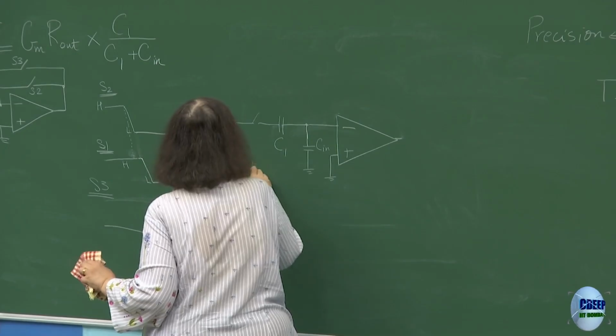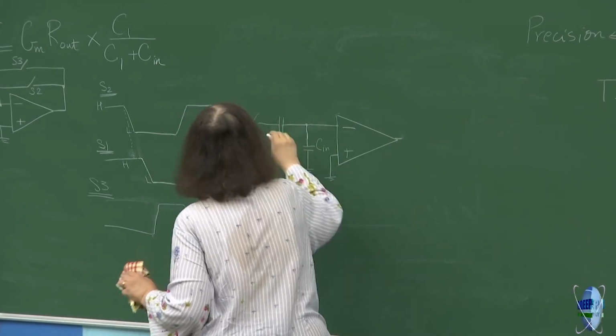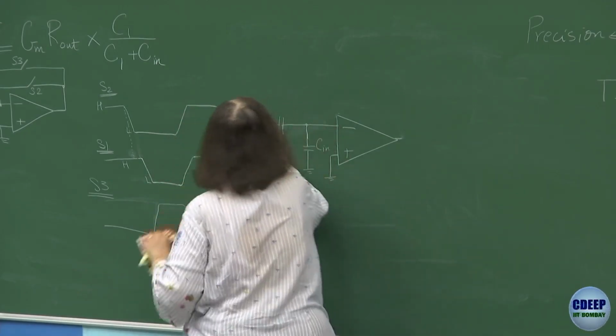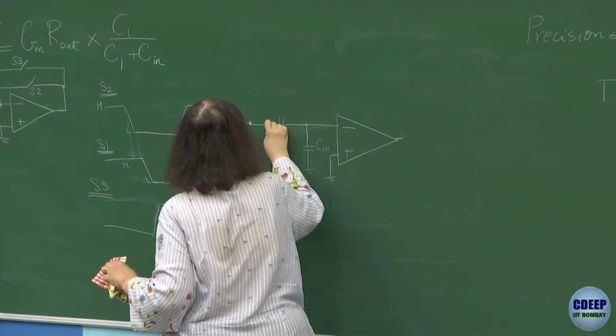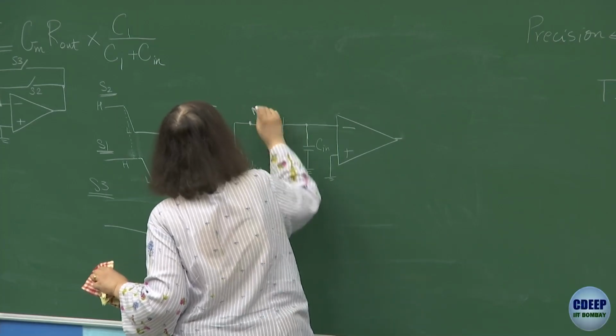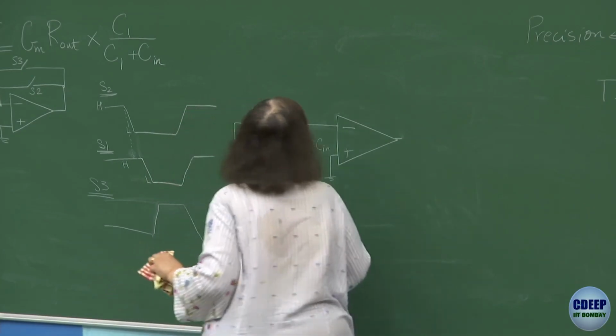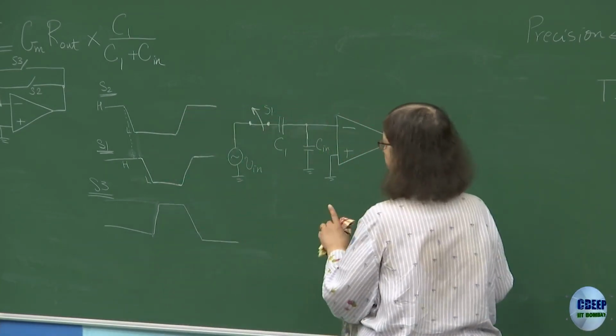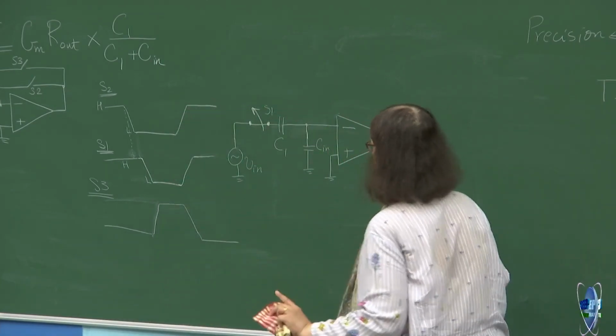I put an AC voltage source here, and this is S1, which is going to open, and S2 is already open. That's why I'm not showing S2 and S1.